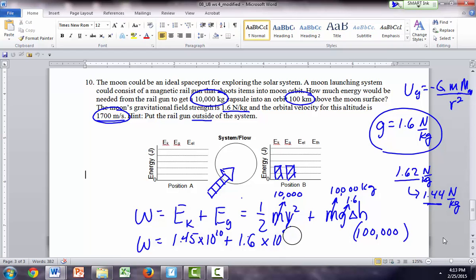Okay, so what I got was, sorry, I'm making this really messy. I came up with about this much in kinetic energy, about this much in gravitational potential, assuming a constant gravitational field strength of 1.6, and I come up with that much work.